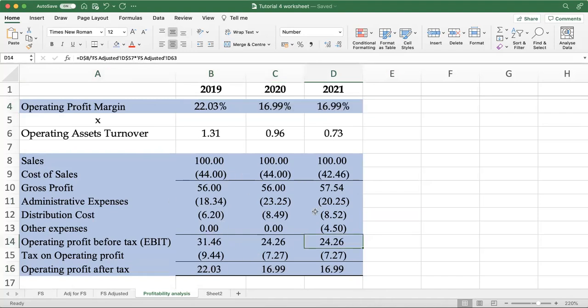Now you can find out from this common size analysis what has caused the changes in operating profit margin. You can easily find out.